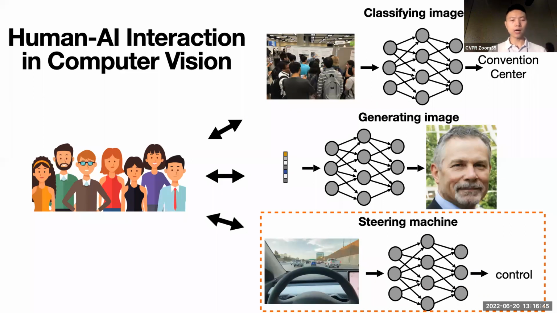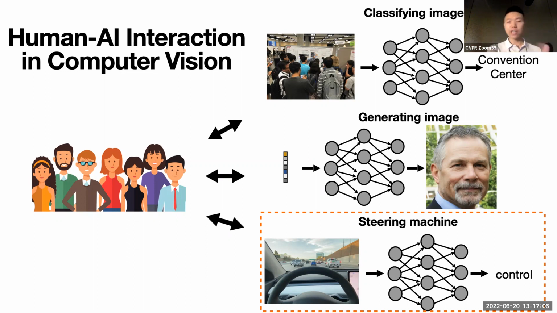Because nowadays, there is a lot of excitement in embodied AI. So we train this embodied AI to accomplish a lot of tasks. For example, we can train some driving policy to drive inside the environment. We also can train some reinforcement learning agent that can navigate inside an indoor home environment.